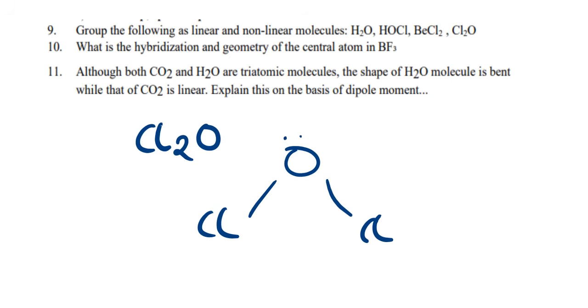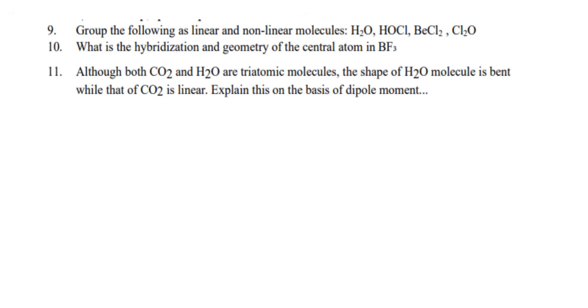Then let's talk about number 10. Now, what is the hybridization and geometry of the central atom in boron trifluoride? So what we're asked, what is the hybridization and geometry of the central atom in that molecule?